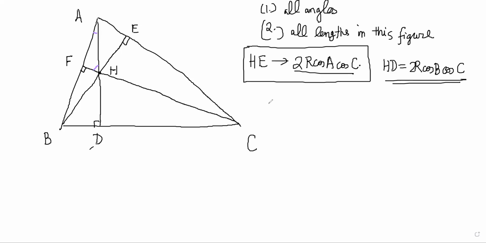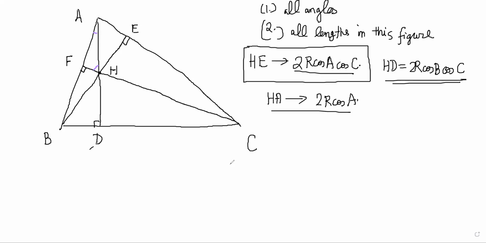What is HA? HA is 2r cos A cos B. No, HA is distance to vertex. Okay.